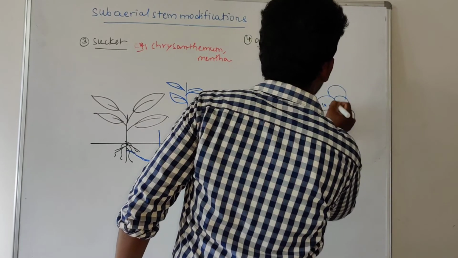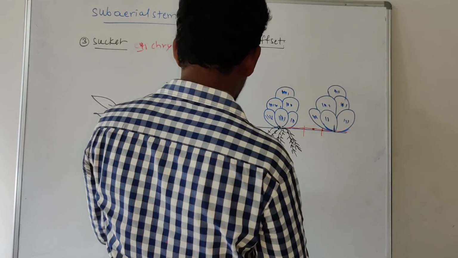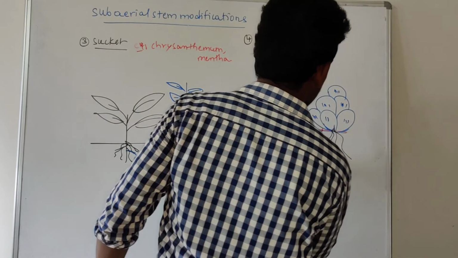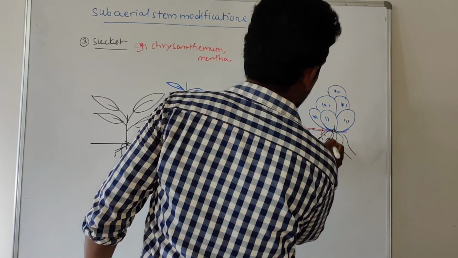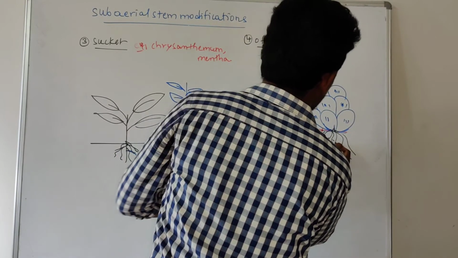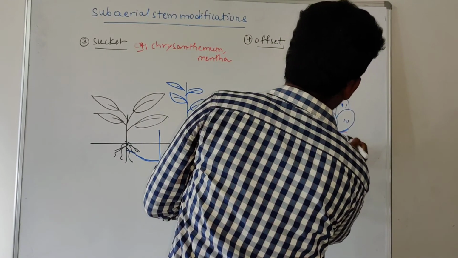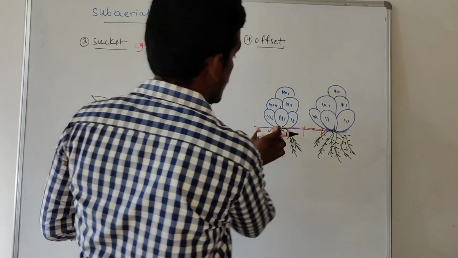Above the surface of the water it produces a shoot system, and below the water it produces balancing roots. Up to here is one offset.